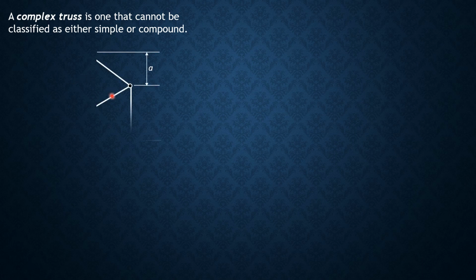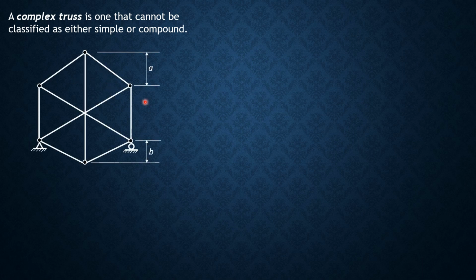While a complex truss is one that cannot be classified as either simple or compound, like the one shown. Take note that this is not a joint. This is not a joint. The members are just passing side by side, so that's not a joint. This is only one member, one member, one member.